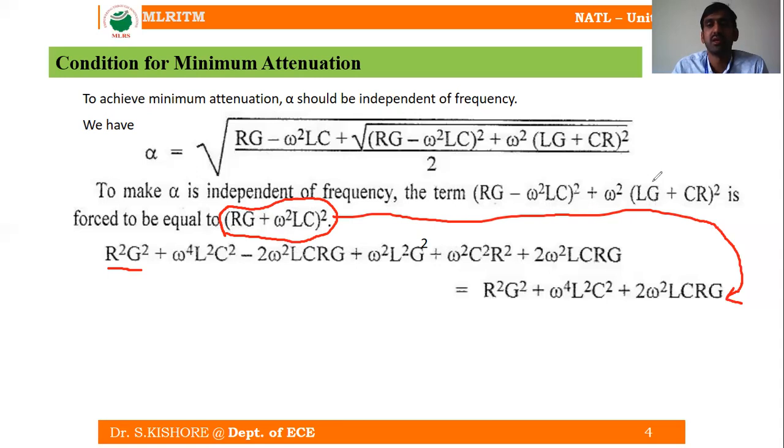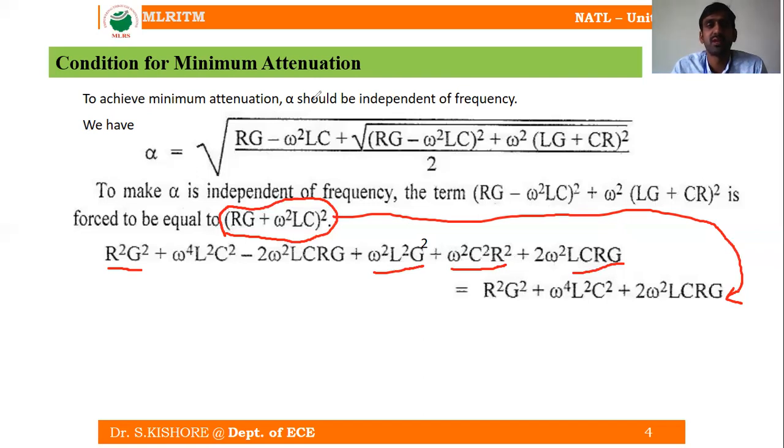Here A square is L square G square into omega square, and here C square R square into omega square, because it is a multiple of omega square, plus 2 omega square Lc into Rg, or Lg into Rc. Lc Rg we are having. So this is the expansion of this equation.